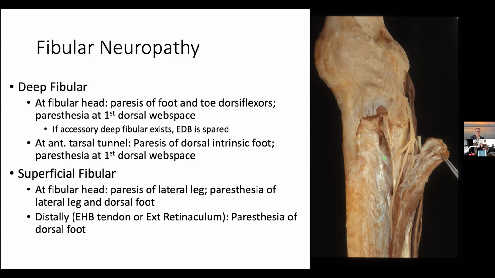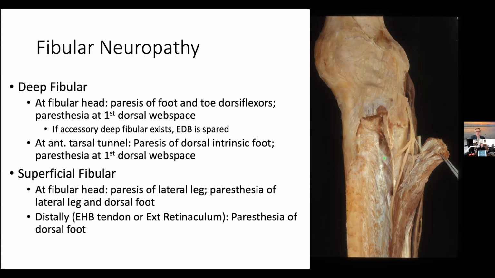Where does that usually branch off? Is it before it makes its excursion from the compartment to the subcutaneous space, or do you have an idea on that? I would have to review the literature. I would guess it's actually after it goes into the subcutaneous space, right?